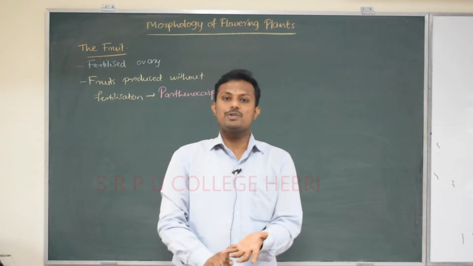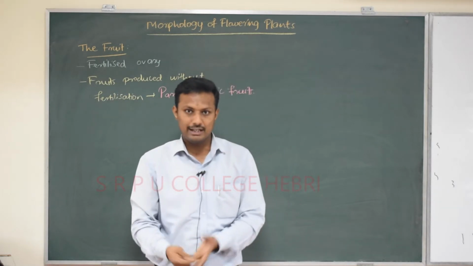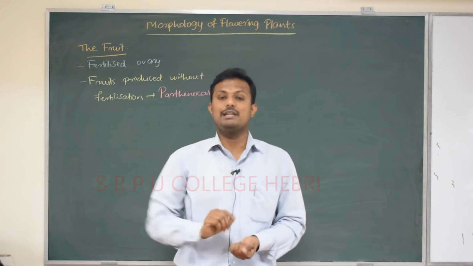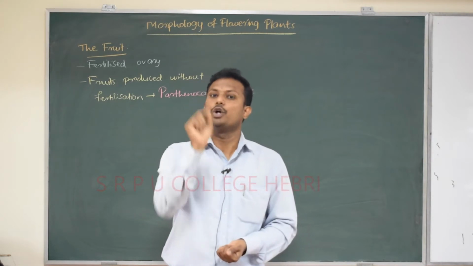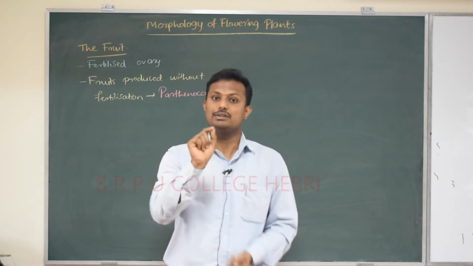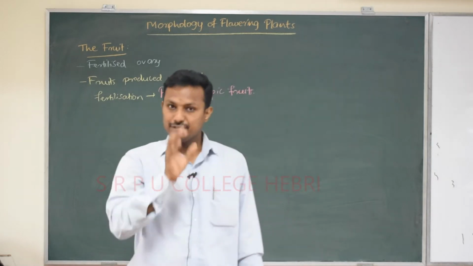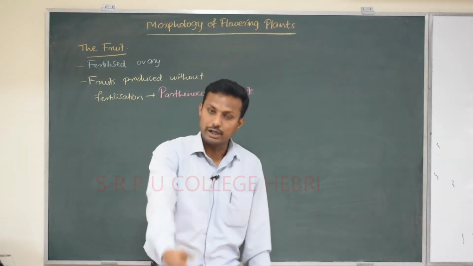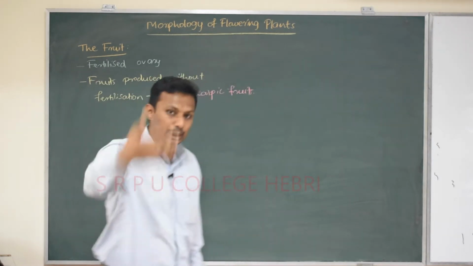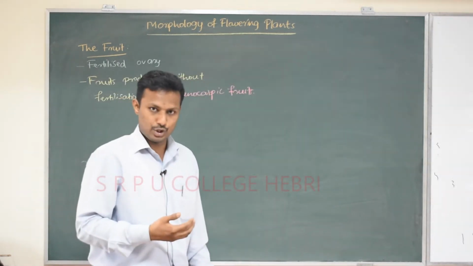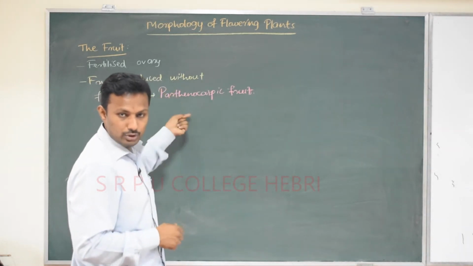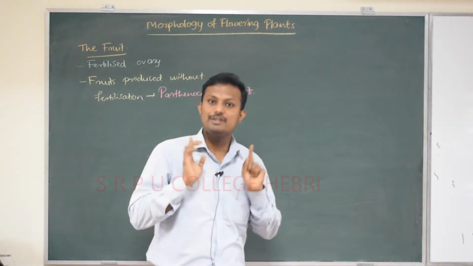In naturally ripened bananas, if you cut open the banana, you will see small black dot-like structures. They are nothing but the seeds of the banana. But if a banana or any other fruit is made into a fruit without fertilization, it is called a parthenocarpic fruit.